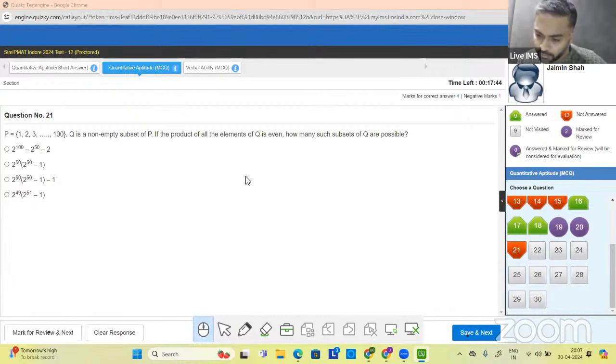So basically I can say total subsets will be 2 raised to 100 minus all the subsets where all the terms will be odd. All the terms being odd will be 2 raised to 50.